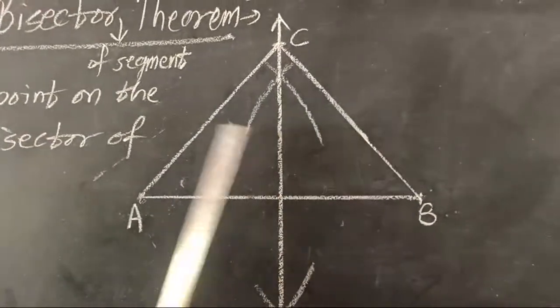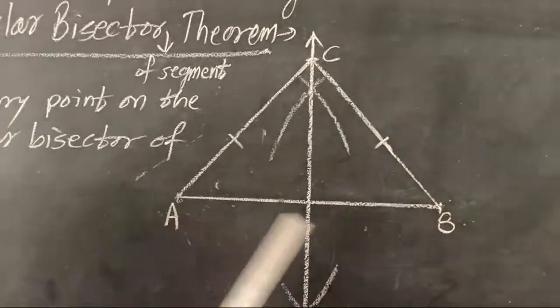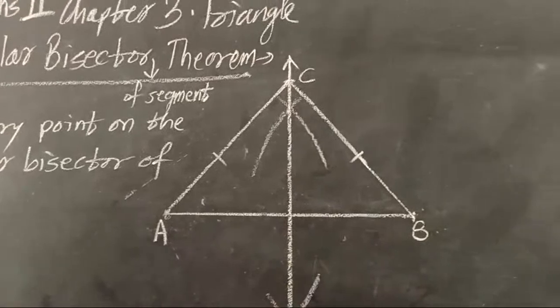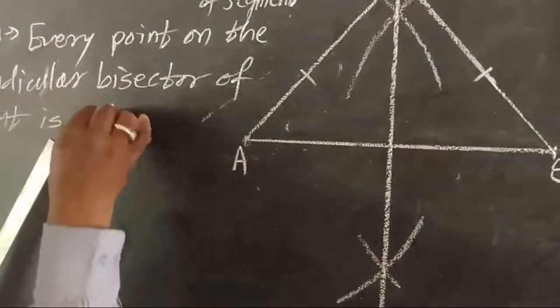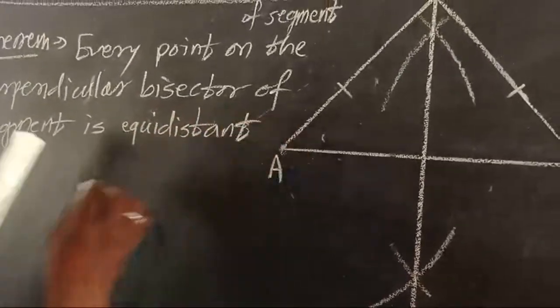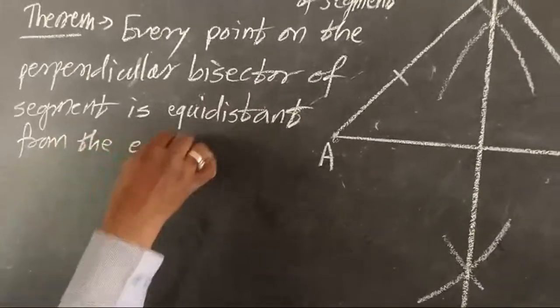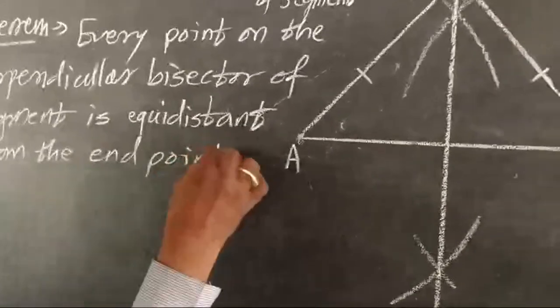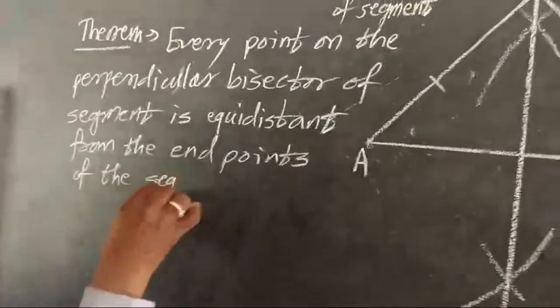This distance is equal from the end points of the segment. Equal distance means equidistant from the end points of the segment.